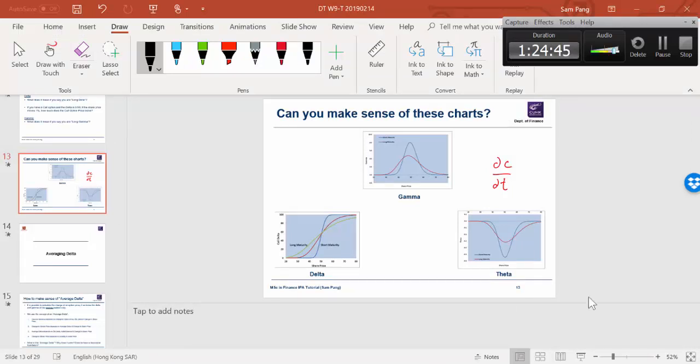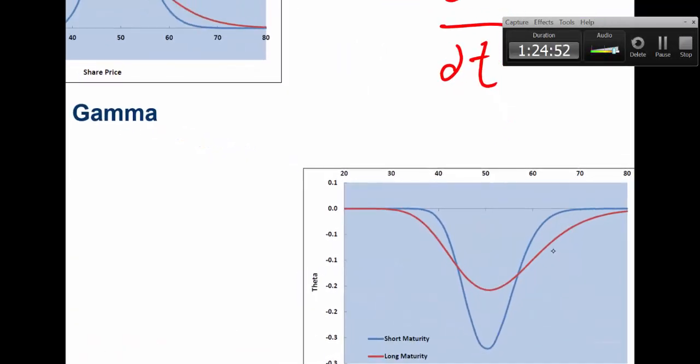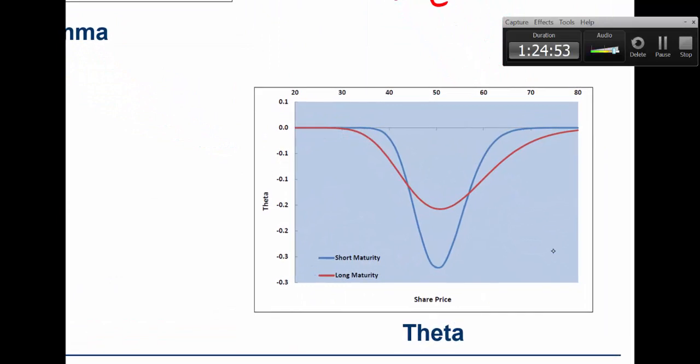But then back to this graph here, and here is when things get quite interesting. Again, you have a comparison of long maturity theta versus short maturity theta. Here are two options where the strike is 50, but one of them has longer time to run, and the other is a lot shorter.